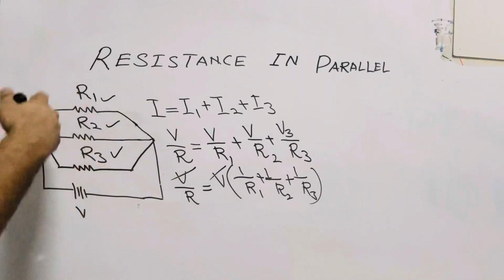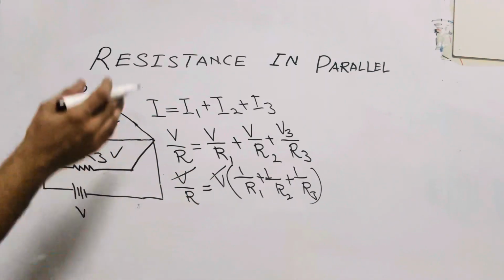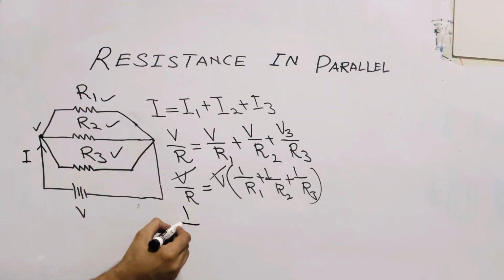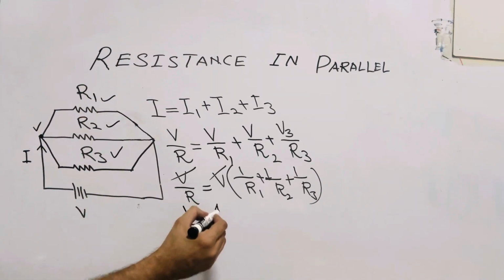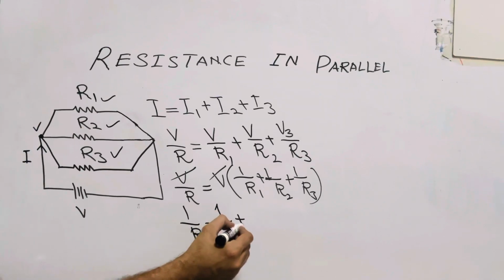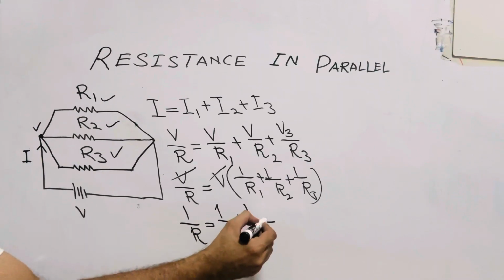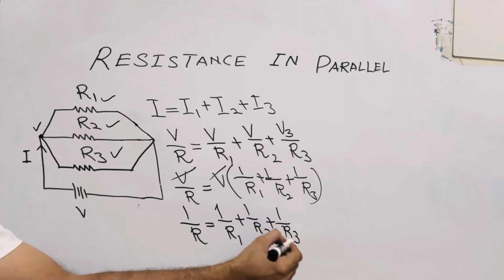The equivalent resistance of the resistors connected in parallel would be 1 upon R equals 1 upon R1 plus 1 upon R2 plus 1 upon R3.